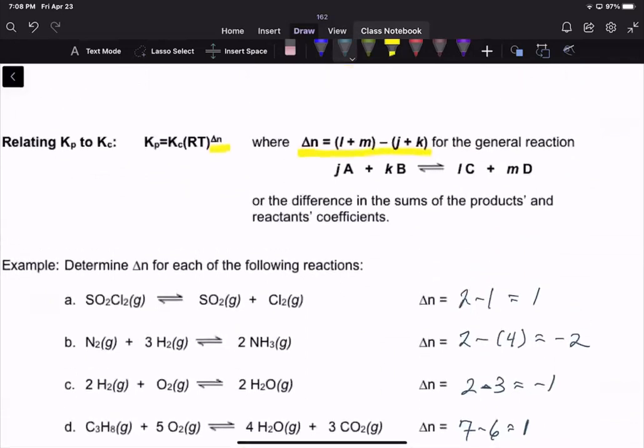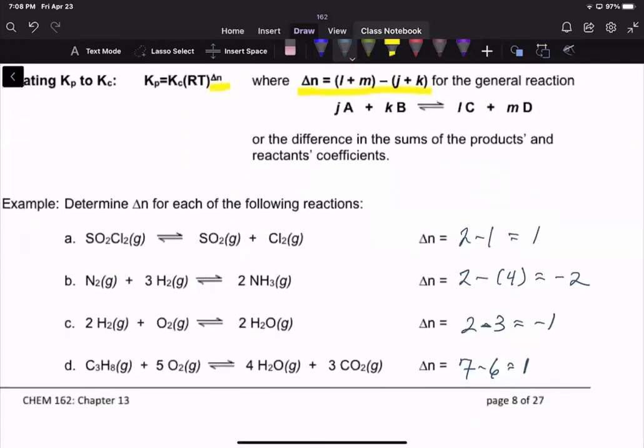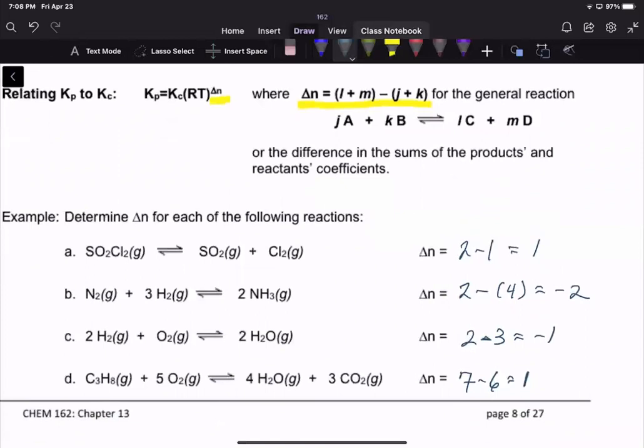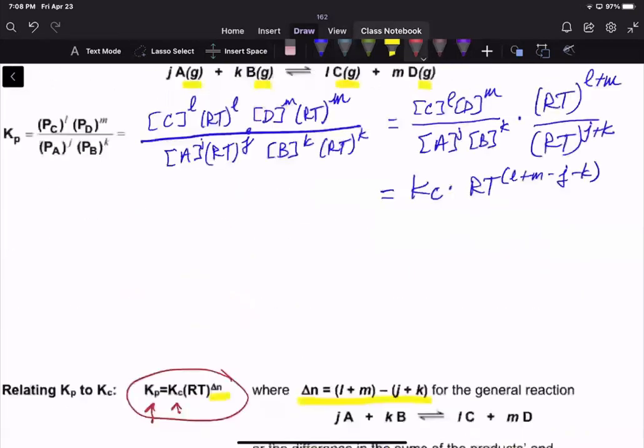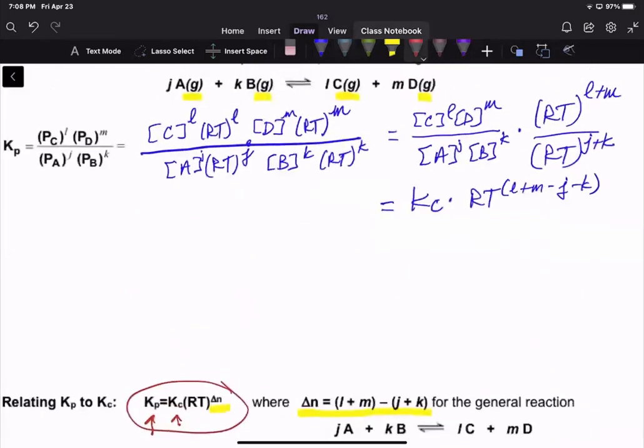What does the change in n there tell us at the end? That tells us how many factors of RT it takes to convert from our Kc into our Kp. So basically we're wondering, did we gain moles of gas or did we lose moles of gas? Because in the equilibrium expression, if we're working in pressures, we'll have that factor of RT.